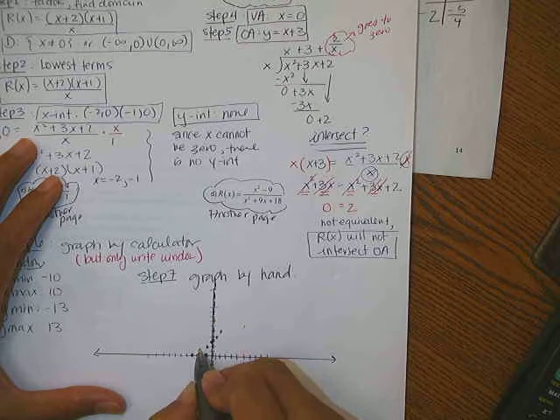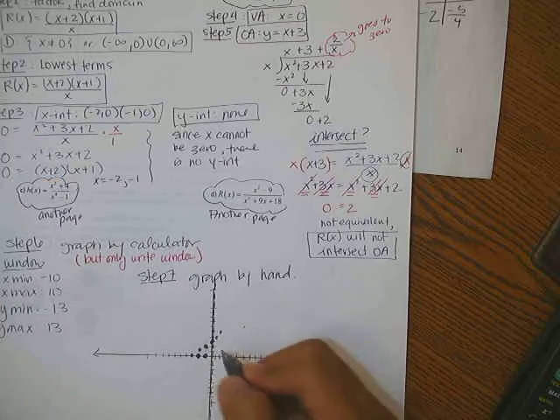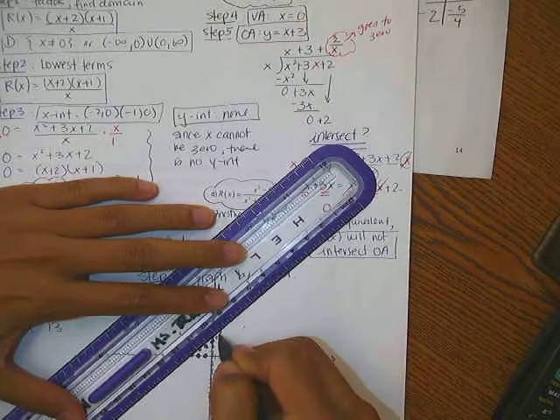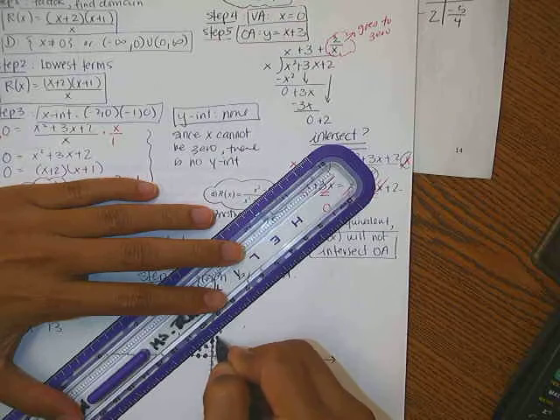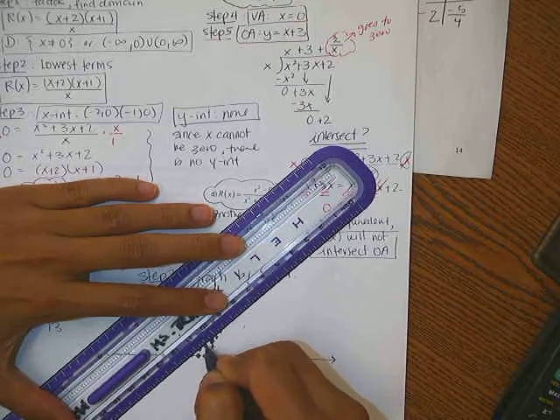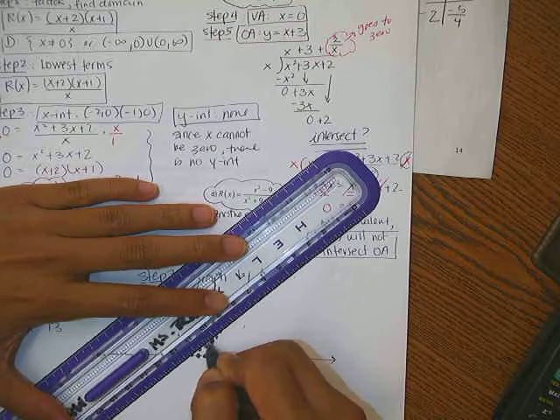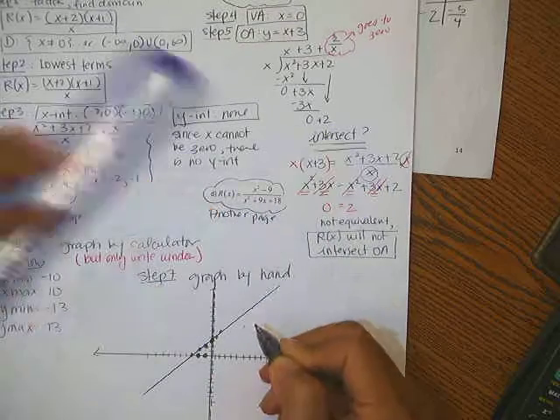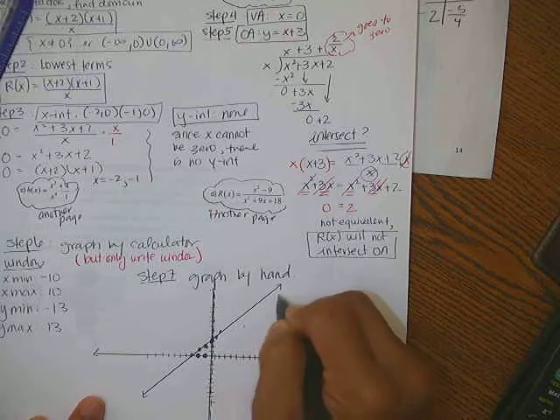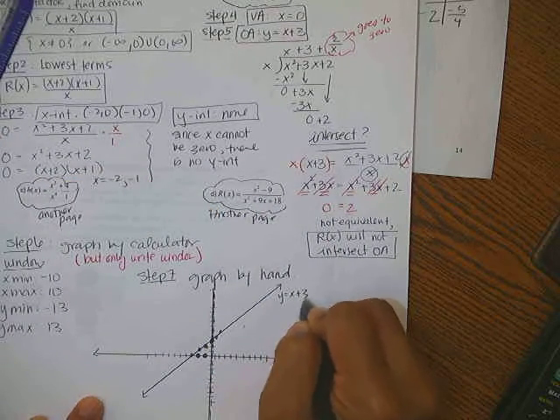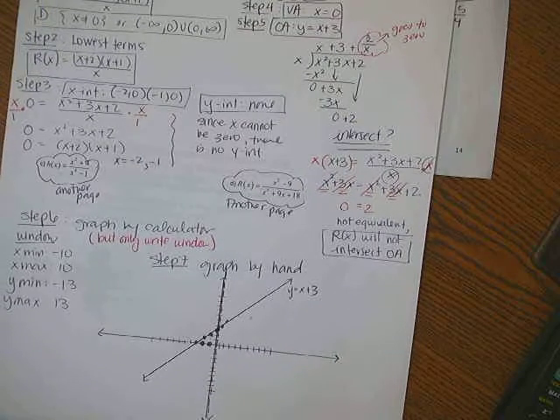I want you to make enough dots so that you can make a nice straight line. All right? So this is my oblique with a y-intercept at 3 and a slope of 1. Okay? Y equals x plus 3. So far, we got all the steps in.